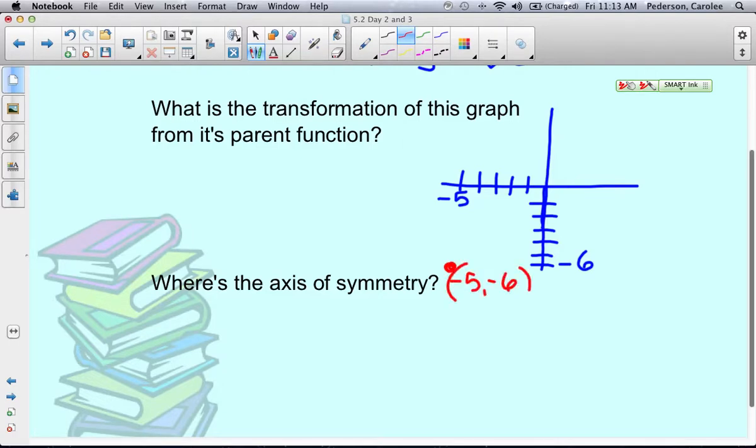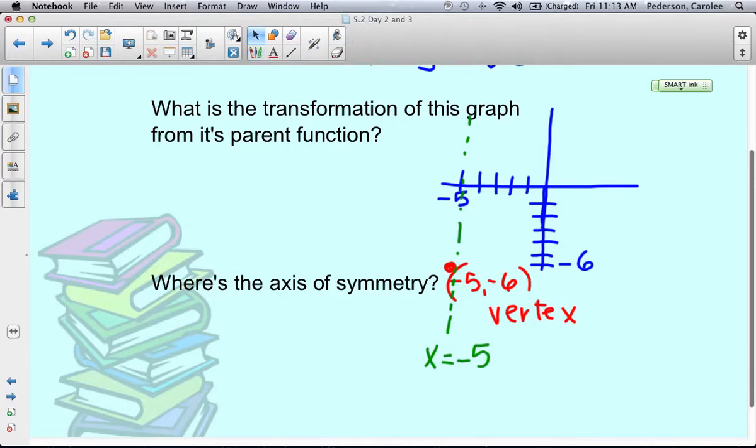This point is my critical point, or my vertex. So then if I asked you for where is the axis of symmetry, the axis of symmetry goes right through the vertex. So we found both things, the vertex, -5, -6, and the axis of symmetry.